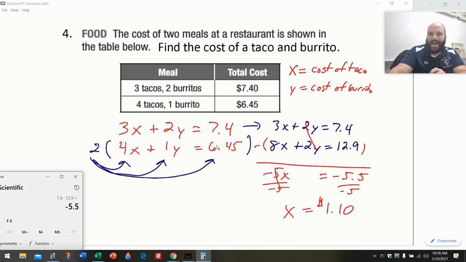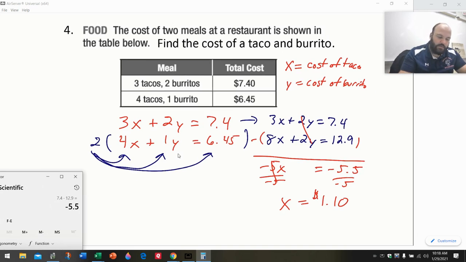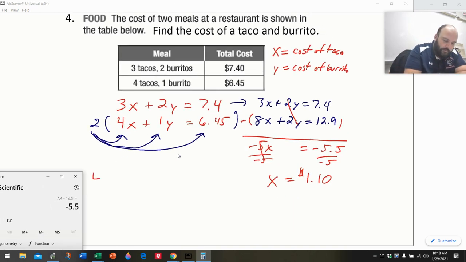Now, in order to get the cost of a burrito, we need to plug this x value back in. It doesn't matter which one we use. I'm going to use the second one because I think it will be the easiest. So I'm going to rewrite that equation. 4, then x, which I put 1.1 in for, plus 1y equals 6.45. Okay. Now 4 times 1.1 is 4.4.